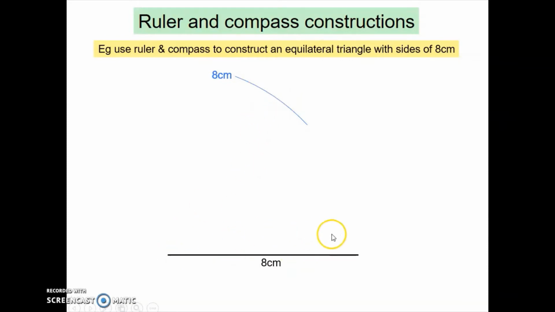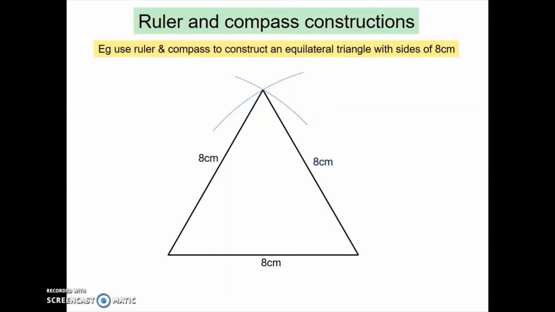I'm going to take the compass and now place the point over here. Keeping the compass open at 8 centimeters, I'm also going to draw an arc up here. So this point down to here is exactly 8 centimeters, and this point down to here is exactly 8 centimeters, producing a very accurate equilateral triangle.